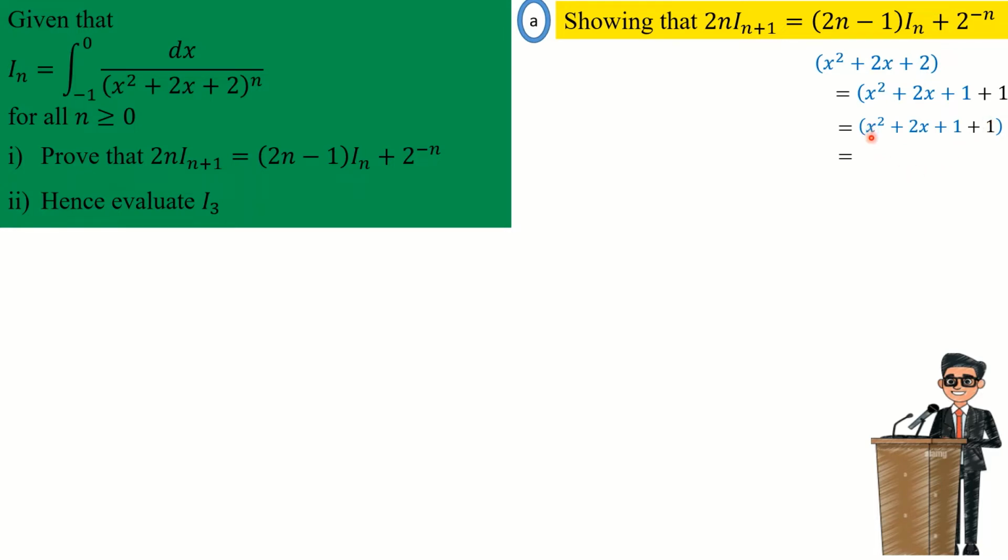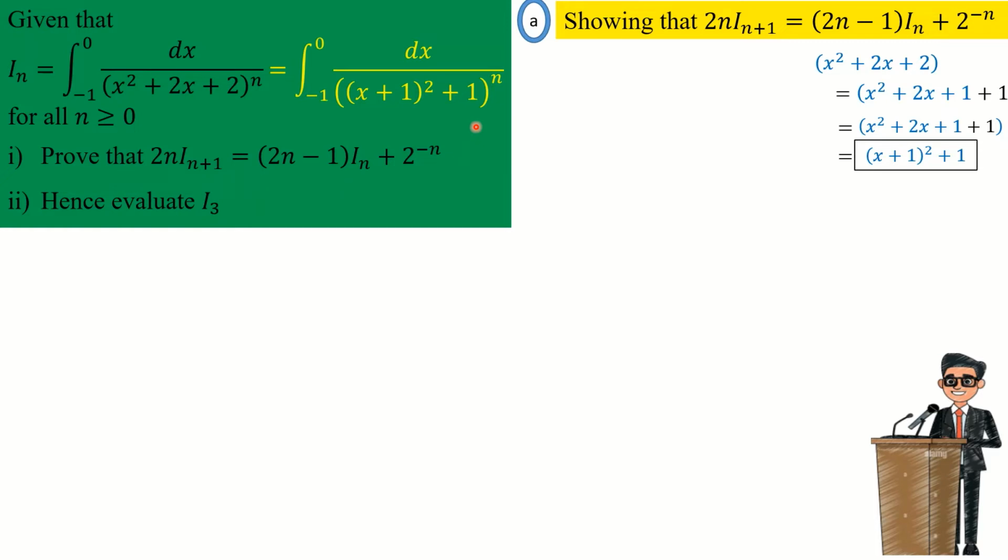So I get (x plus 1) all squared, then plus 1. From there I can rewrite my integral as the integral from -1 to 0 of x on ((x plus 1) all squared, then plus 1), all that raised to the power n. It's now looking a bit nice.